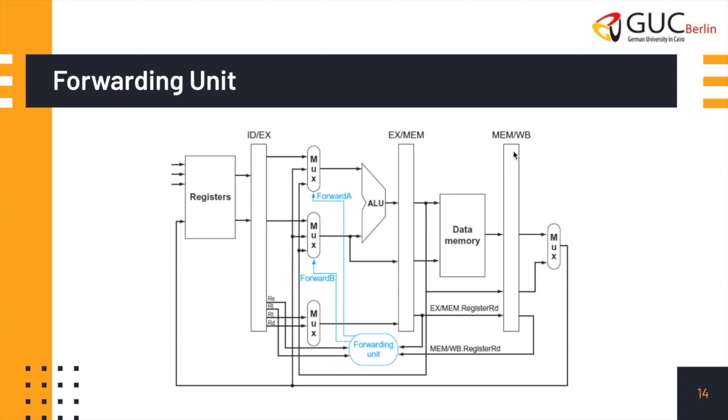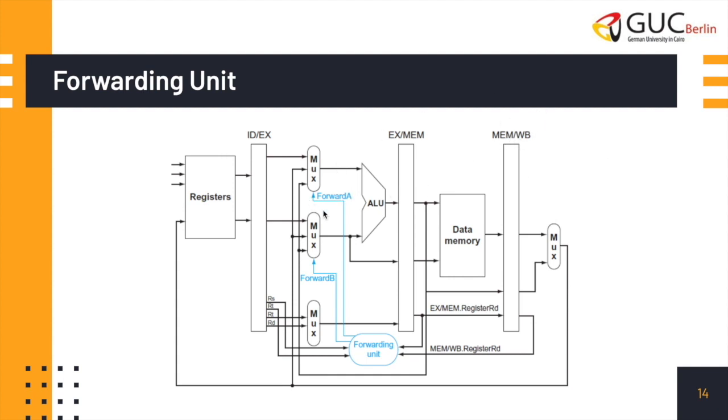So forwarding is needed, and this is the case where n plus 2 RS is equal to n RD. I need to get the value of register RD from the mem/write back pipeline register, so the RS will be the value of RD from it.